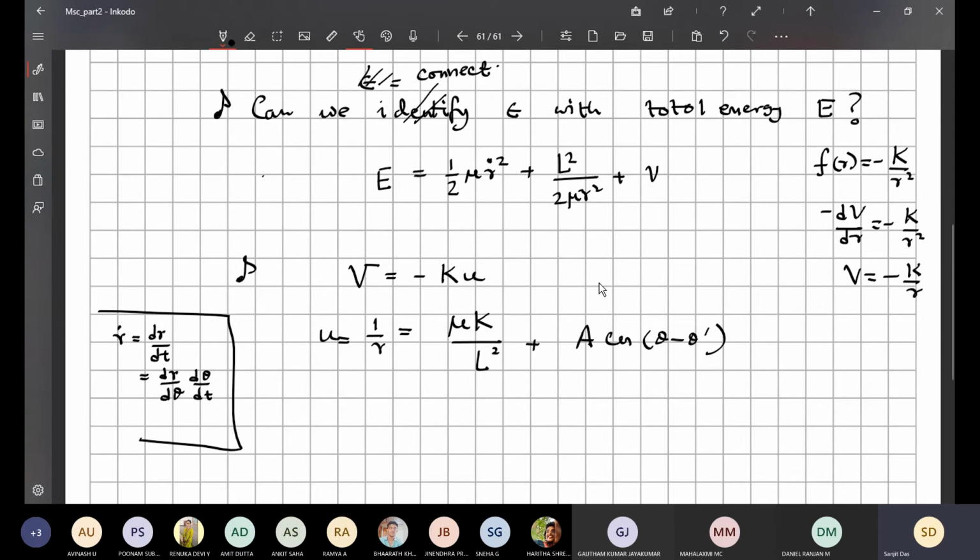So remember, the moment I put in theta, it is easier for me to change these things, using the constancy of the angular momentum. I can write r dot exactly in terms of u. If I write it in terms of u, it must be much easier because I am getting u as a function of theta. I can easily take the derivative of u with respect to theta, isn't it? Is it clear? Yes, sir.